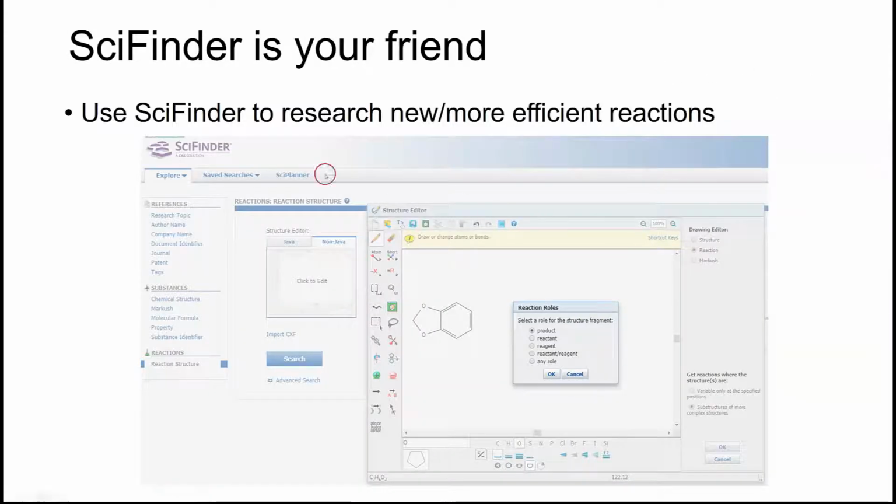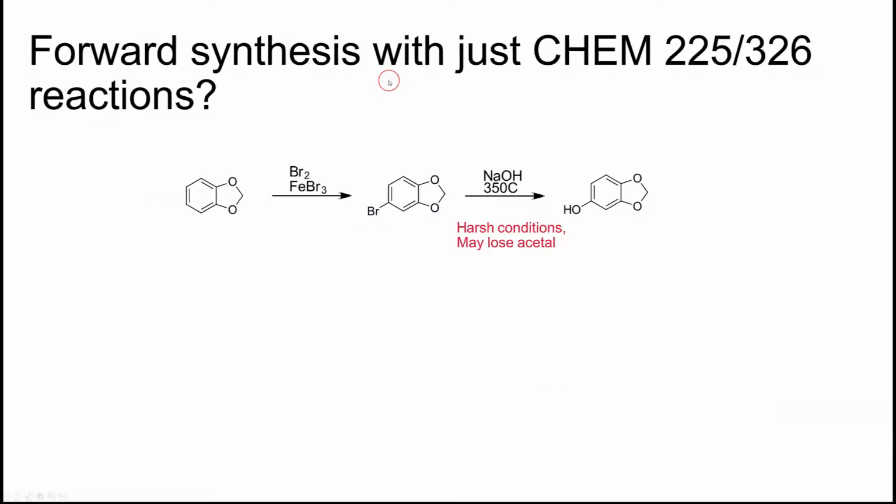You can also use SciFinder to research new or more efficient reactions. You can find where this fragment that I'm looking for is a product. You can also look for reactants or reagents, any of those things there. If you were doing forward synthesis with just your organic reactions, we'd have Br2 FeBr3, and you could use NaOH at 350 degrees, but that's a very harsh condition, so you may lose the acetal in that.